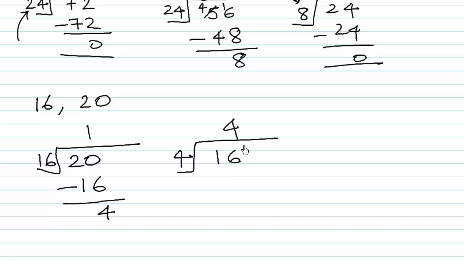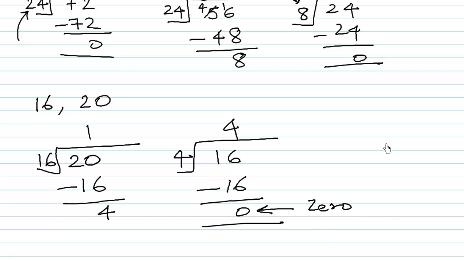And we know 4 fours is 16. So when we get the remainder as 0, the divisor at that moment, not the quotient but the divisor, is the HCF. So the HCF of 16 and 20 is 4. So this was the division method.